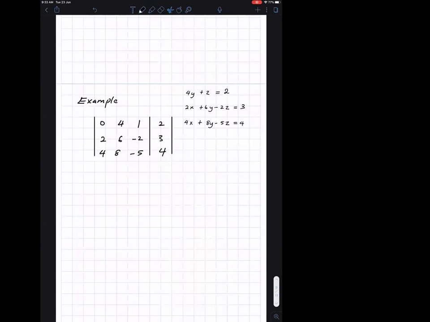Because if you see right here, 0 is not desirable here, but the 0 is desirable here. So we can move the entire row.